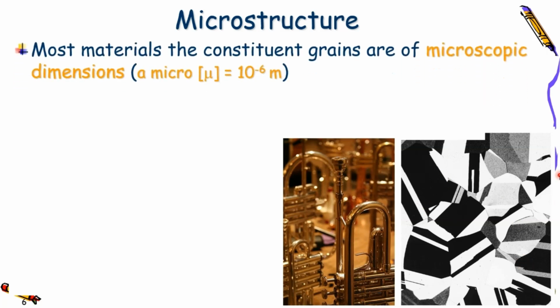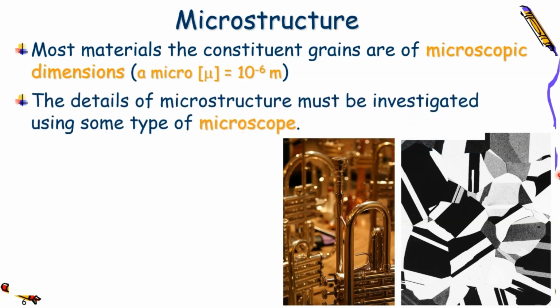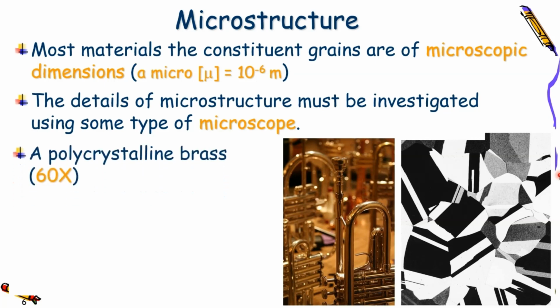In most materials, the constituent grains are of microscopic dimensions, which is 10 to the minus 6 meter, which you cannot see with your eye. So the details of the microstructure must be investigated using some type of microscope.